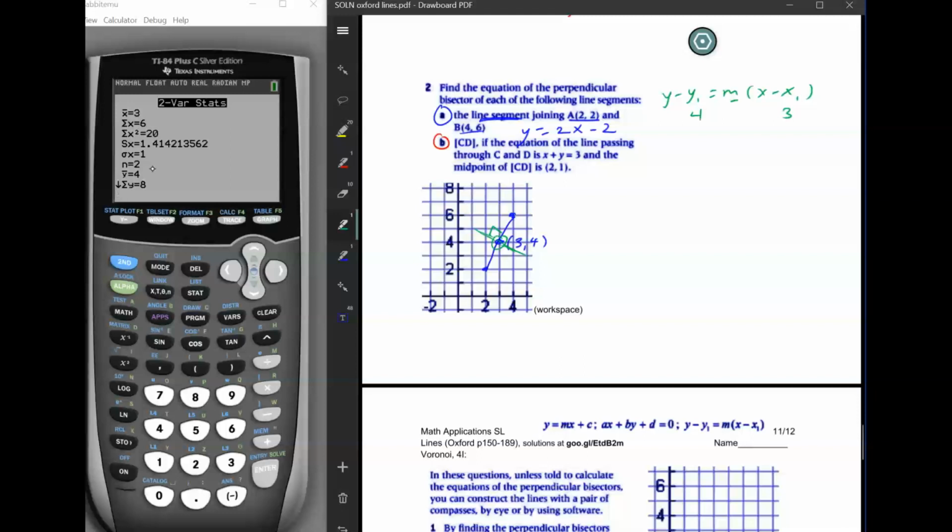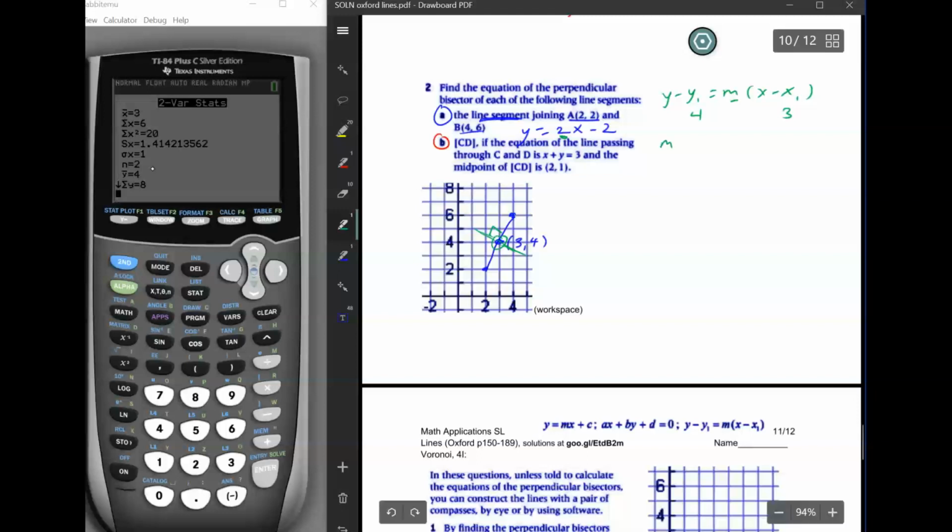So what do you put in for the slope? Well, the slope of the blue line we just figured out by doing LinReg through the two given points. It's 2. Well, the green line is perpendicular to the blue line, so we do need to do -1 over the original slope to find that.